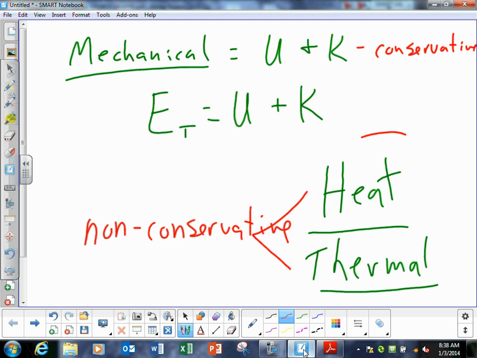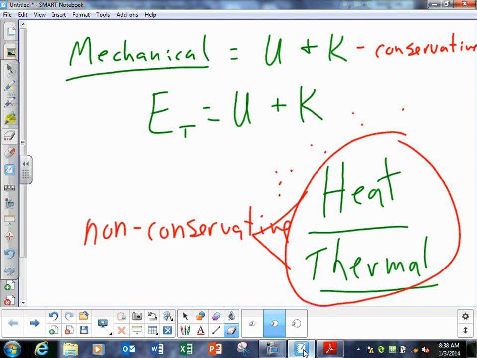Heat and thermal, though, doesn't transform back into kinetic. Because these particles hit those particles, those particles hit other particles, and before you know it, this heat is spread out and dispersed throughout the whole universe, and it's almost undetectable. Although there's microwave radiation and things that might be caused by that, I'm not sure.